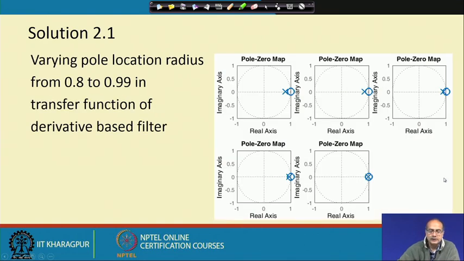So, now let us look at how, if we keep on changing the pole location, it actually changes the pole-zero plot. First we start with the pole-zero map at one location, starting from 0.8.